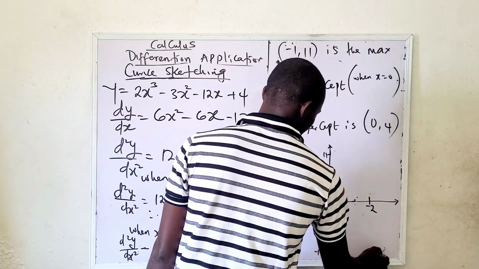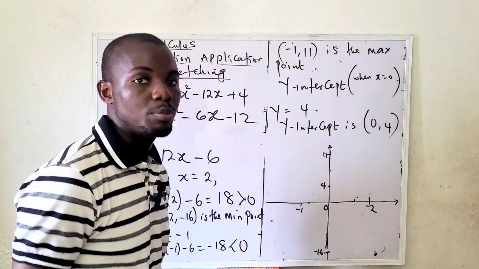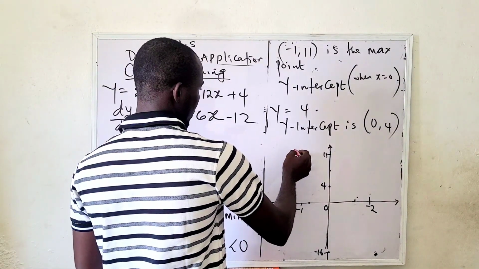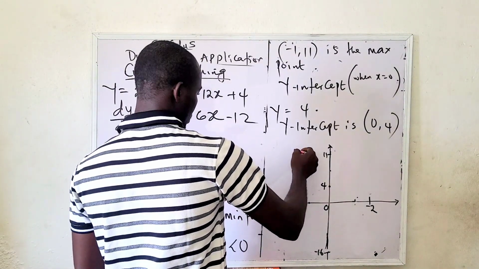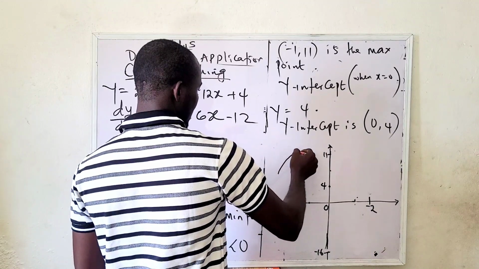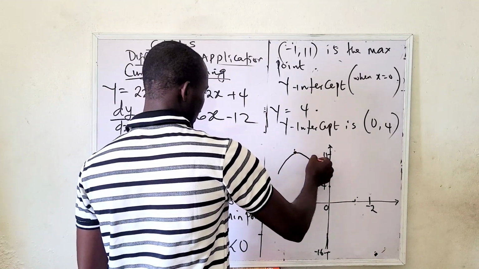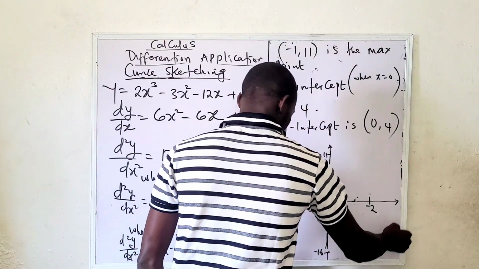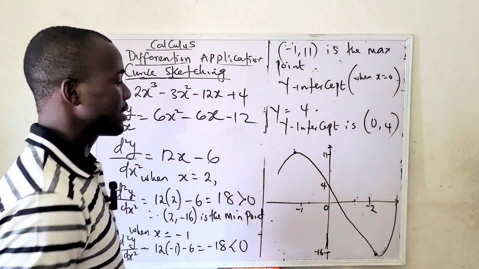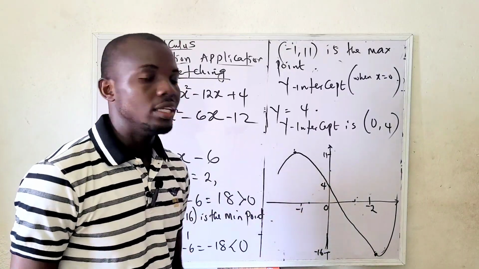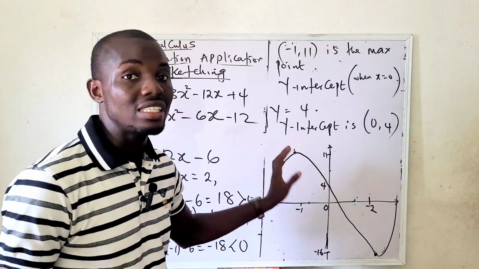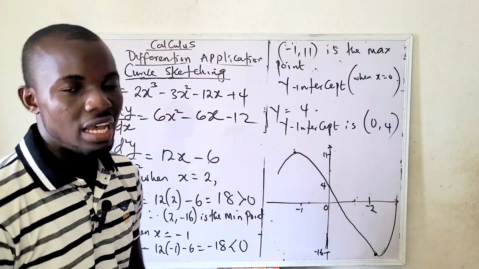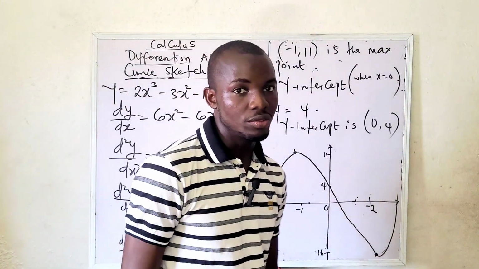So I could just bring this here to give it proper spacing, and then I sketch. The curve would have been going like this, coming like this, and so that will be the approximate sketch of this polynomial right here. And that is the end of the question.